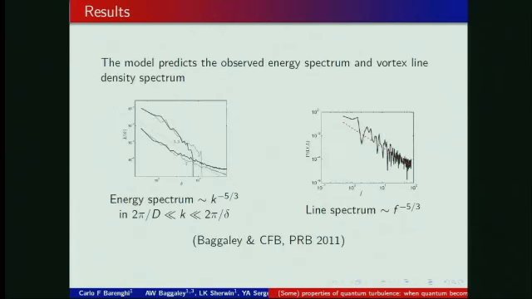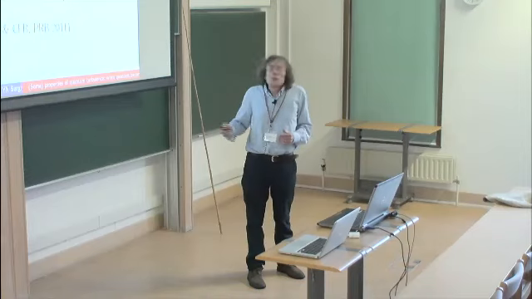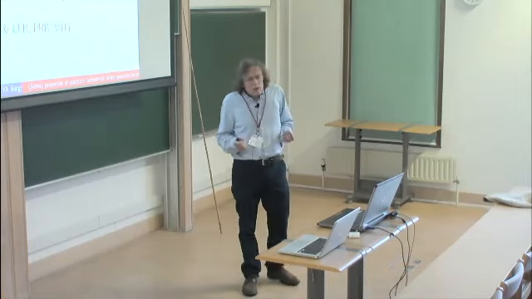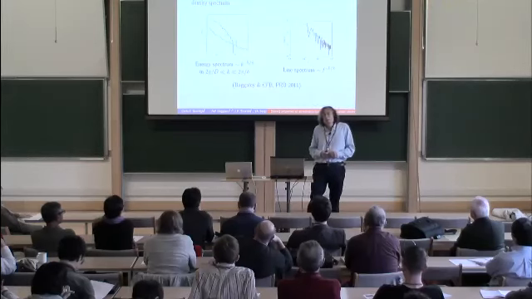And in modeling this way superfluid helium at finite temperature, we find indeed both results. We find indeed that the energy spectrum has this scaling, which is minus 5/3, which describes some kind of partial polarization, as it was described first by Vinen in his papers, some partial polarization of vortex lines over length scales, at least up to a typical wave number 2 pi divided by delta, where delta is the separation between the vortices.